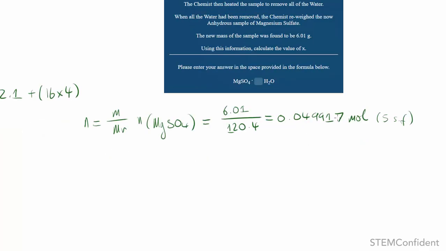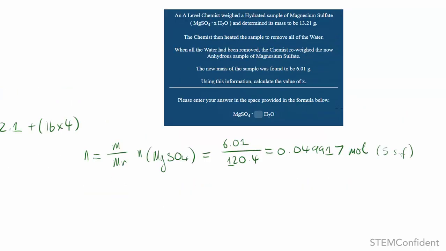Now we've got this value, but what we also need is the number of moles of the H2O, which we haven't worked out yet. In order to work that out, we need the mass of H2O. We've got the mass of the hydrated sample and the mass of the anhydrous sample, but we don't have the mass of the H2O given in the question. So we need to use some basic arithmetic.